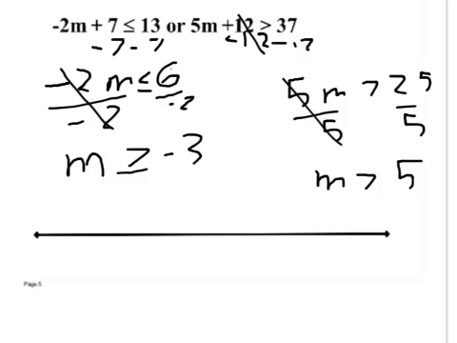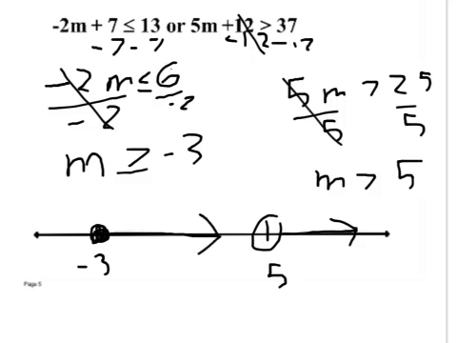In cases where it's or, only one of these has to be true. So we're going to graph this one. That's my 5. So m is greater than 5. I'm also going to graph m is greater than or equal to -3. Going that way. So only one of these has to be true, so it looks like this.